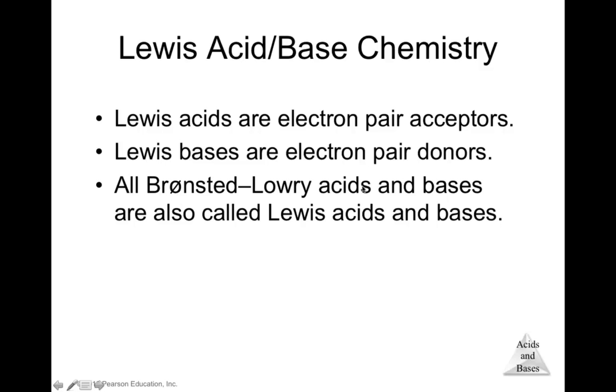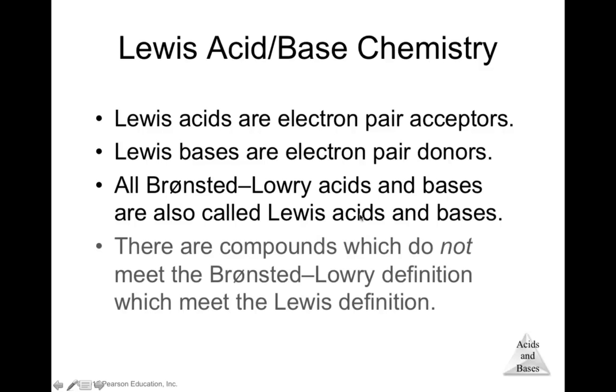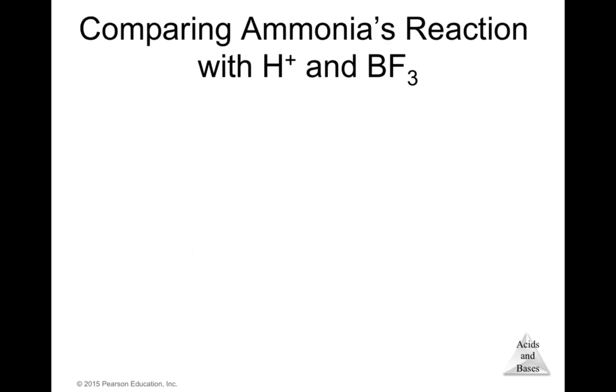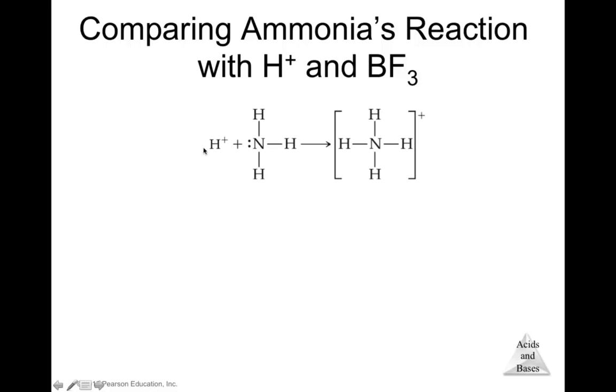All Bronsted-Lowry acids and bases are also Lewis acids and bases, but there are compounds that do not meet the Bronsted-Lowry definition and do meet the Lewis definition. Let's see the following example. Here we have ammonia reacting with an acid.